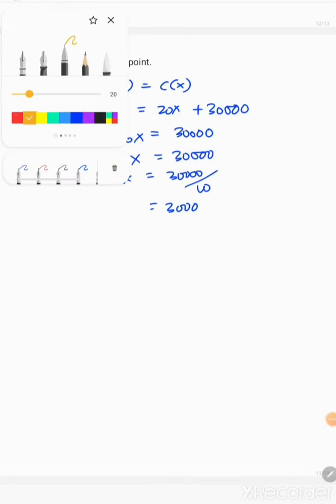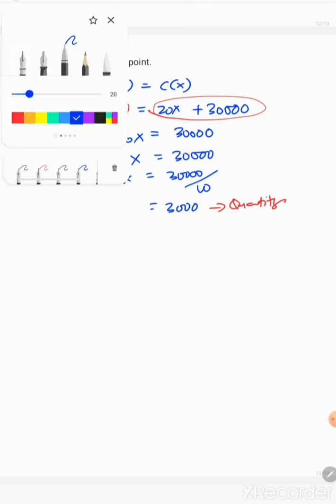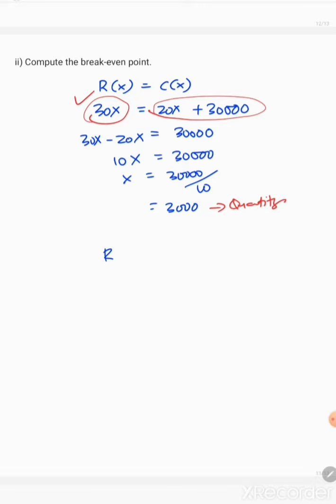To find the other point, this one is actually the quantity. To find the price, you can either put this x into this function or this one. Let's choose Rx. Rx equal to 30x, right? So now we replace x with 3,000.